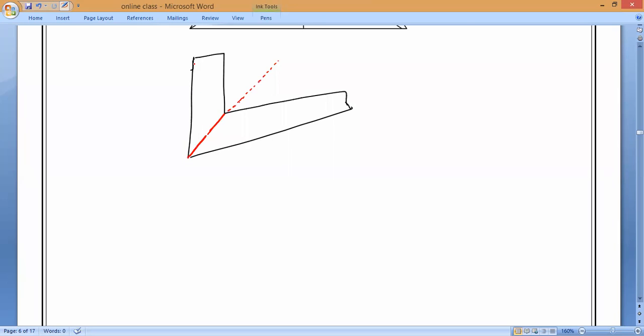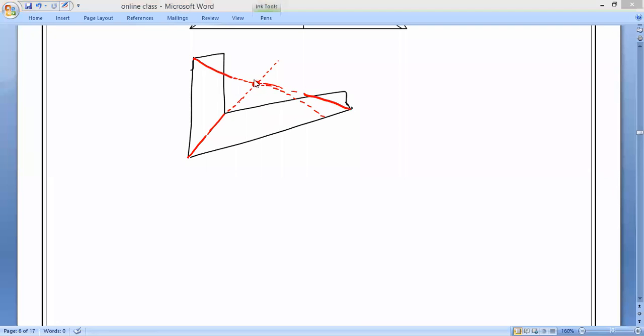Dotted lines. From this corner it will come, and from here it will come with dotted lines, and from this corner it will come, dotted lines. So they will meet at what point? Outside or inside? Yes, outside. So the center of gravity is located outside for such objects.